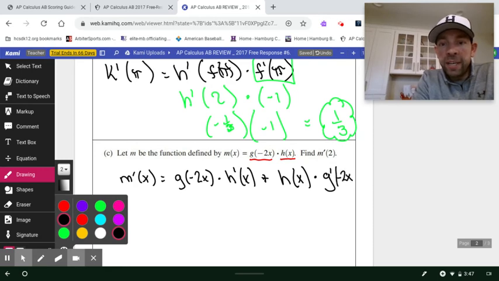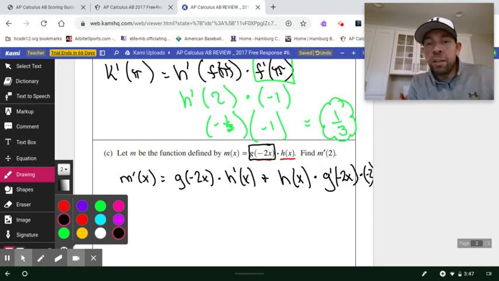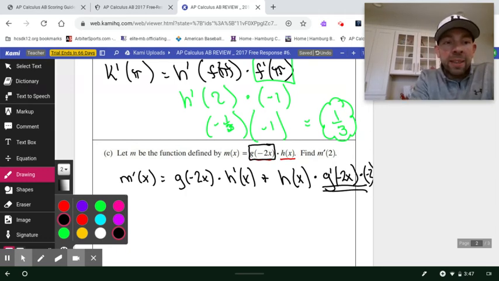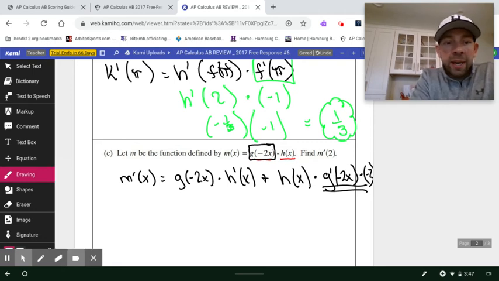And don't forget to use your chain rule there. Okay, so we've got, again, this in and of itself is a little composition, g being your outer function, 2x being your inner function. So make sure we're using chain rule to get the appropriate derivative right there. Now I think we can evaluate m prime of 2.